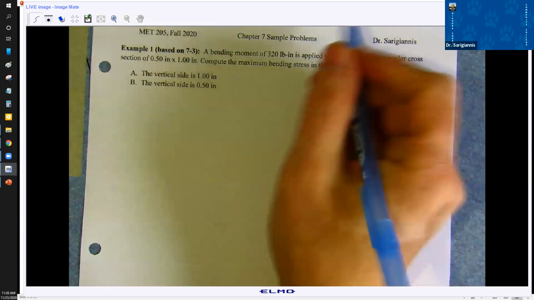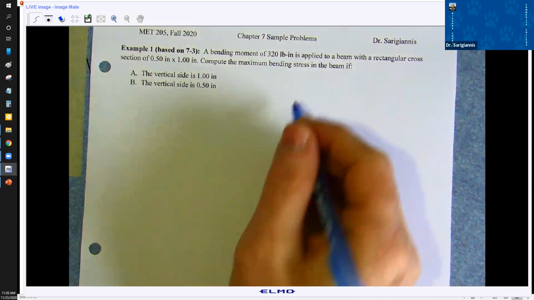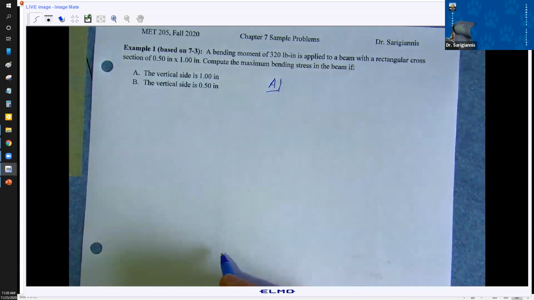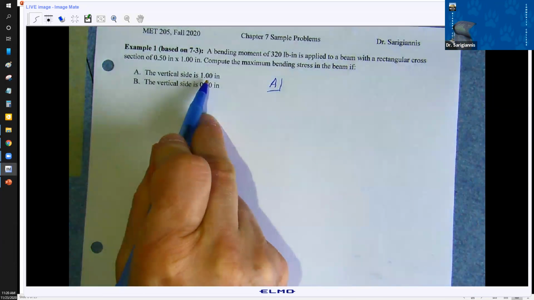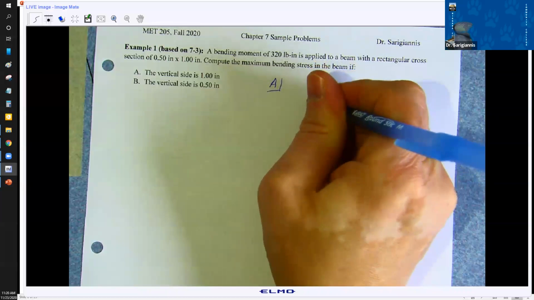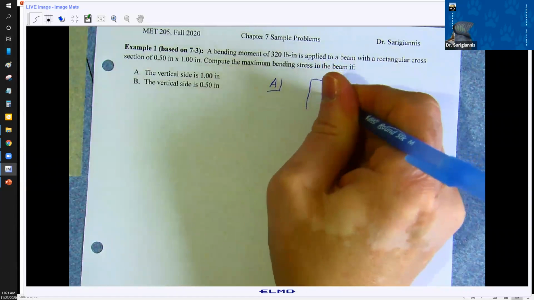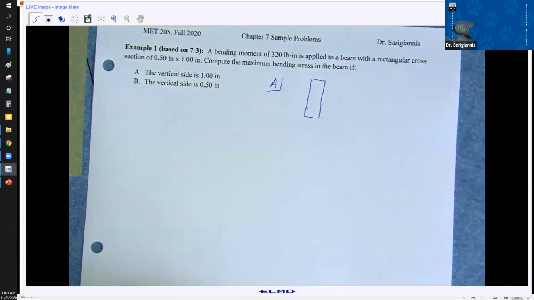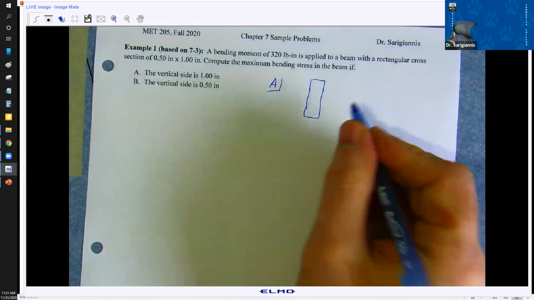All right, so what do we have? Let me draw this out for part A. A is the vertical side of the beam is 1 inch. So I'm going to draw the beam like this. This is a really rough rectangle.